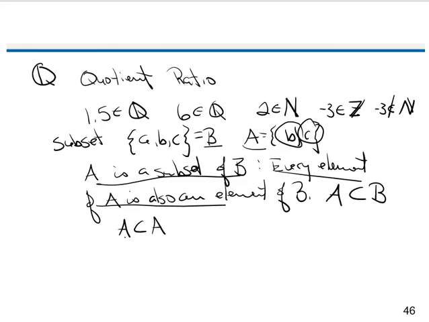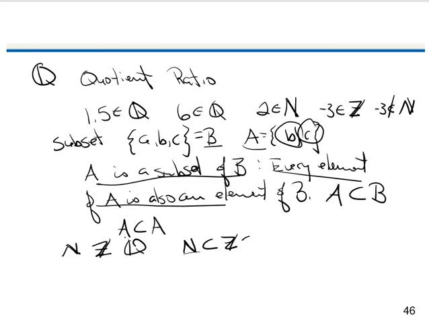Okay, so going back to our numeric sets, we had N, we had Z, we had Q, and so what can we say? I think we can say that N is a subset of Z, right? Every natural number is also an integer.